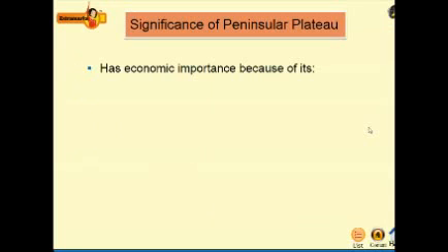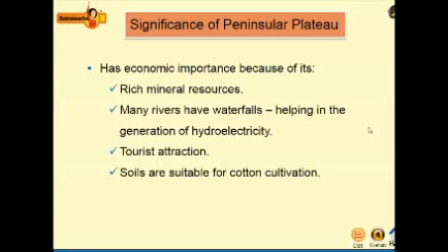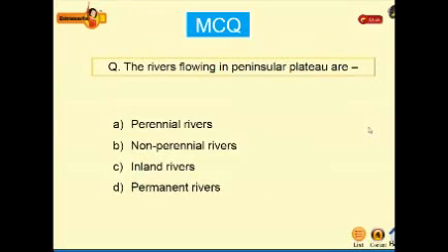It has economic importance because of its rich mineral resources. Many rivers have waterfalls helping in the generation of hydroelectricity and are a great tourist attraction. Soils are suitable for cotton cultivation, and it is the home for many wild animals.